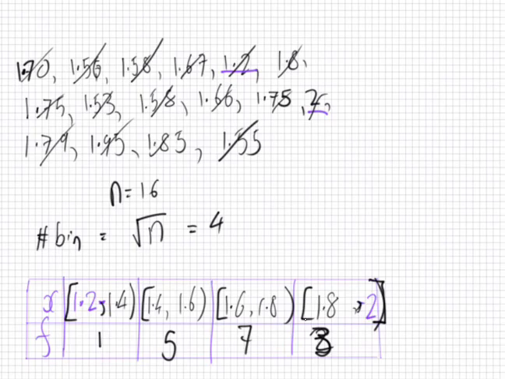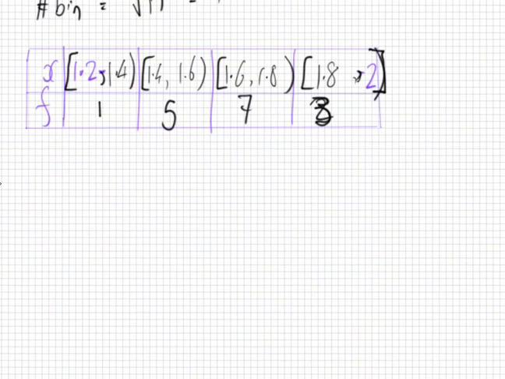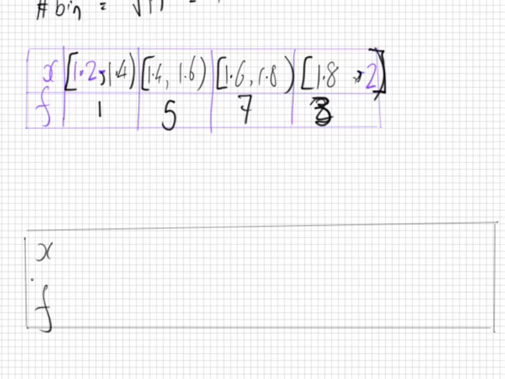Okay? Now, we know that usually when we get a frequency table, it's not listed with the boundaries. It's usually listed as number to number, and then we have to add in the boundary. So now we have to work backwards just to finish this. If I draw the table again, if I start at 1.2 and I finish at 1.4, what would be my two numbers I would need here?